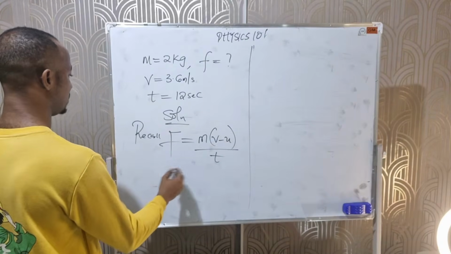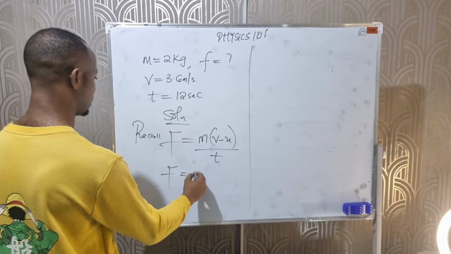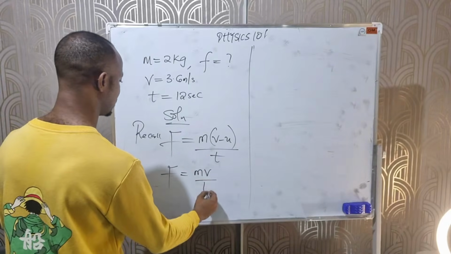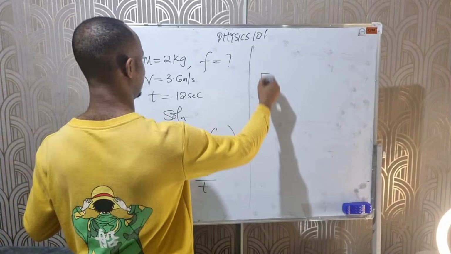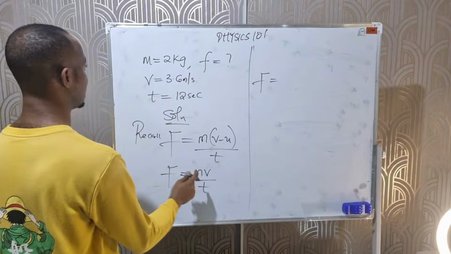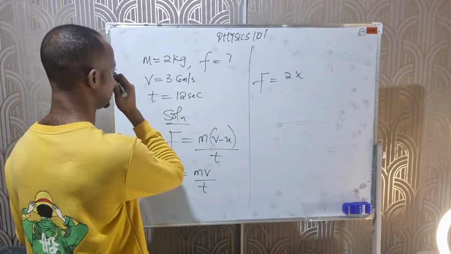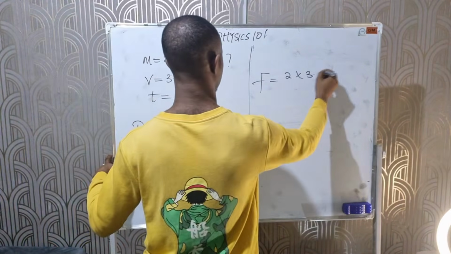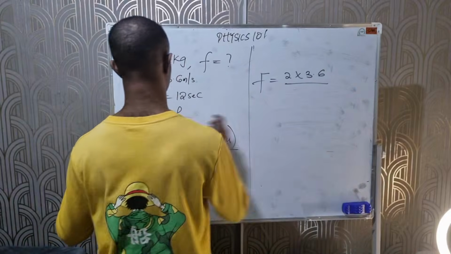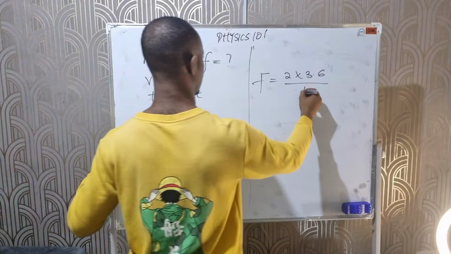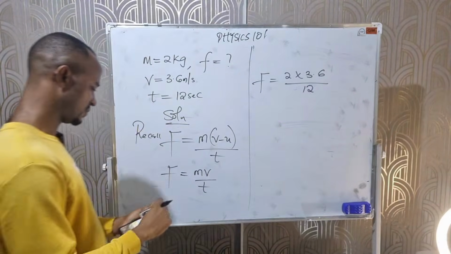So our force becomes mv divided by t. The applied force becomes the mass of this body, 2, times our speed, 3.6, divided by our time, 12.